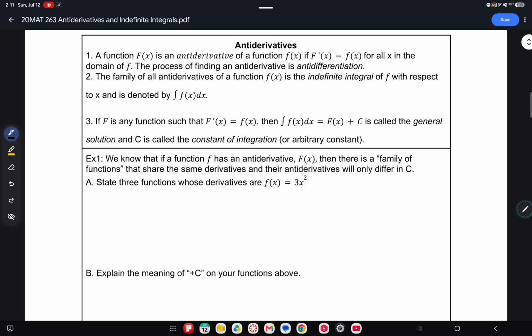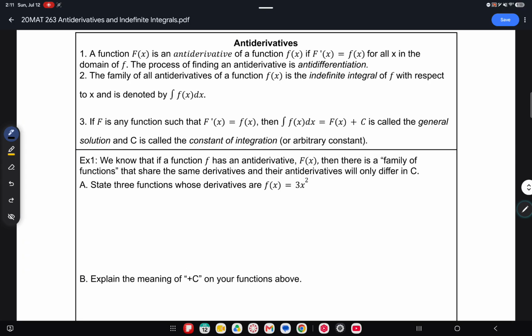A family of all antiderivatives is the indefinite integral of f with respect to x, and it looks like this. There's a weird S symbol there. I can just read that as the integral of f of x dx. So the integral or the antiderivative of a function, and that dx tells us with respect to what variable.